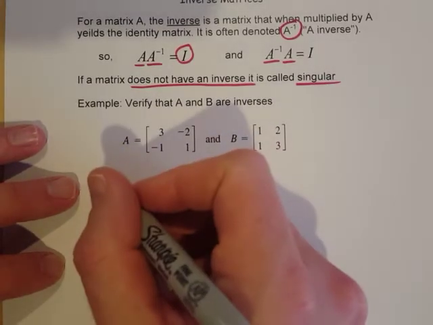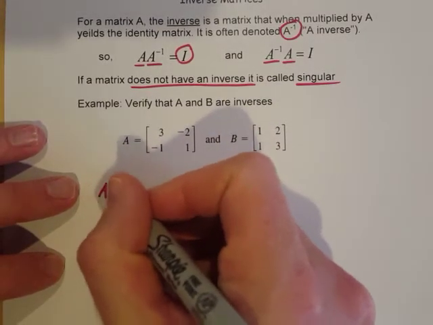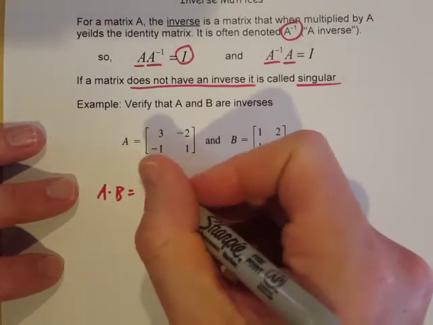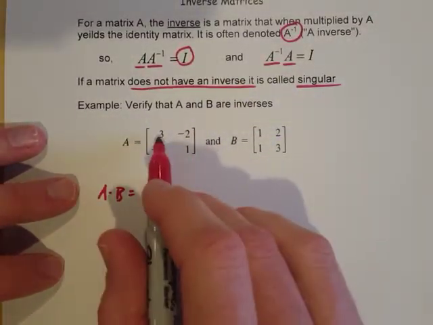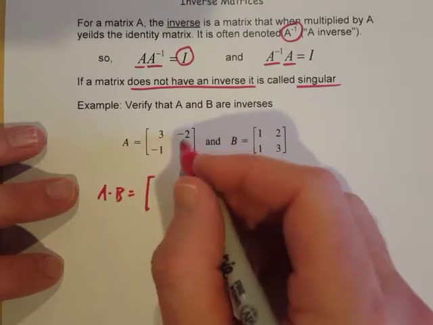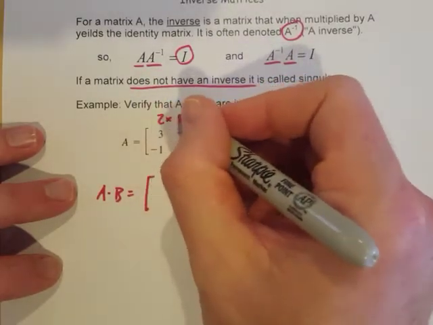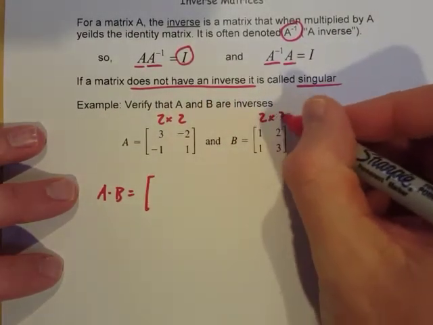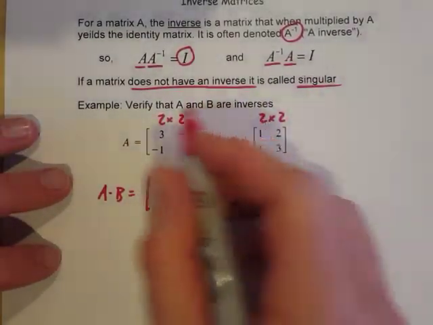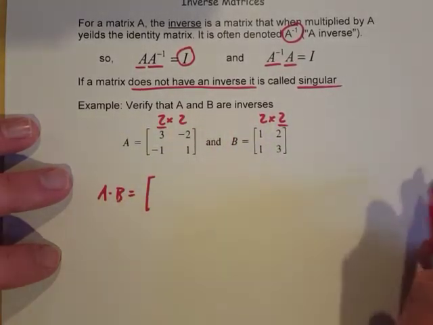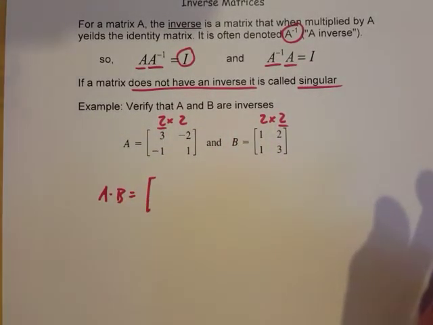So I'm going to start with A times B in this order. We have to verify both ways, really. So we've got 3, -2, -1, 1 multiplied by this matrix. They're both 2 by 2. And so if we multiply those together, middle numbers match up, outside numbers are 2's, and so what we can expect to see again is a 2 by 2 matrix.